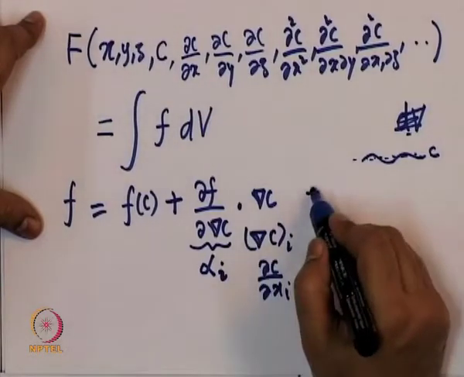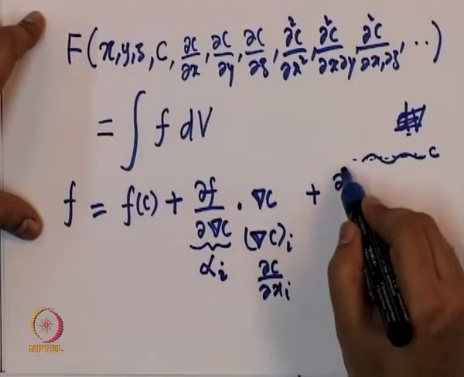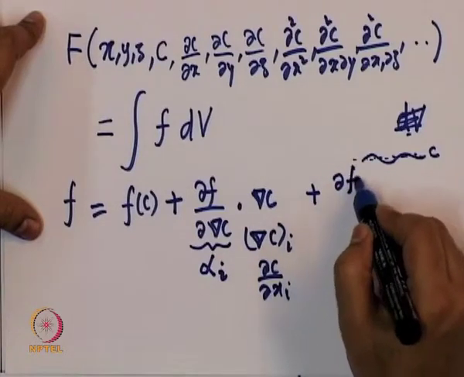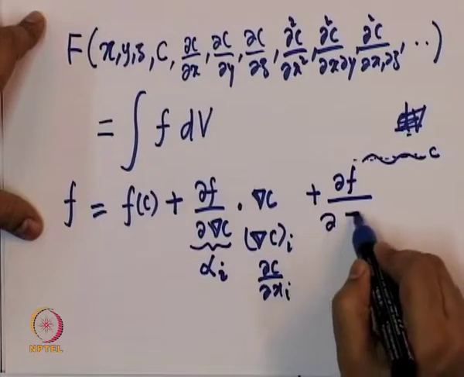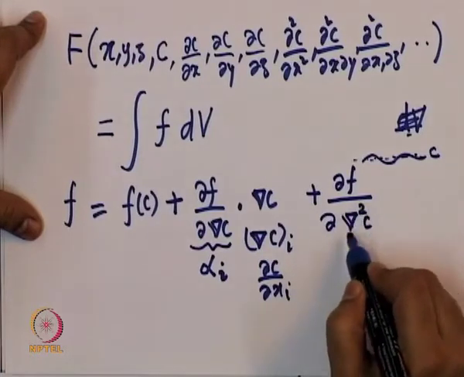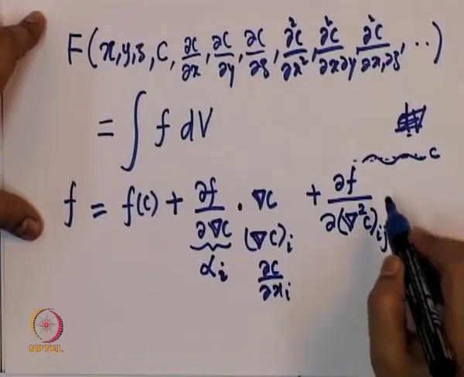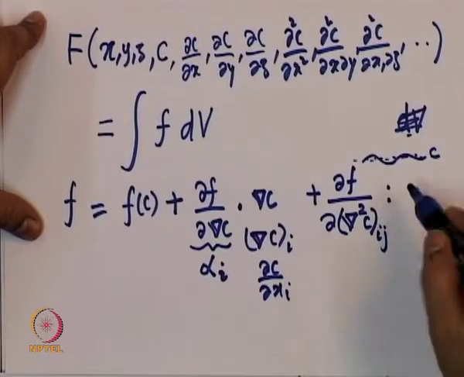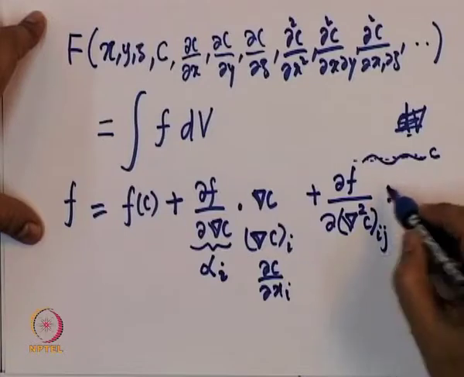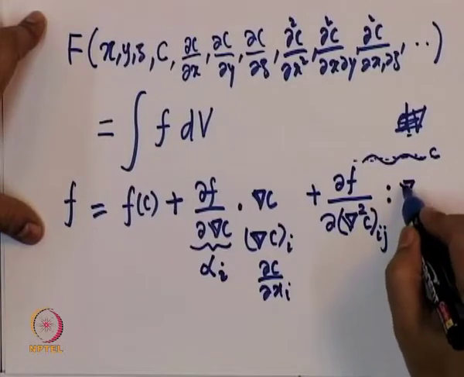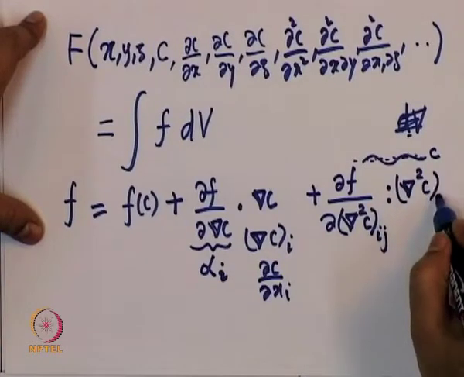In a similar fashion, I have the second term, which is dou F by dou del squared C i j, then it is two inner products with del squared C i j.